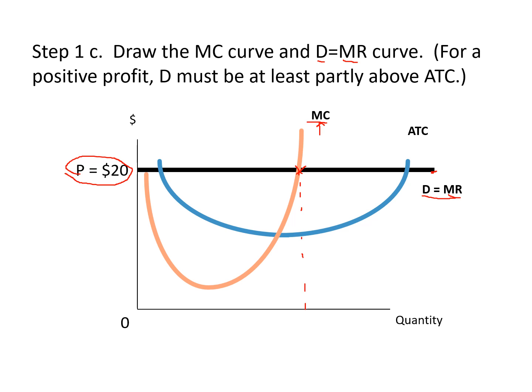If the firm is to be profitable, then this point here, where the quantity that the firm should produce at, must be above this line here. This line being the average total costs.